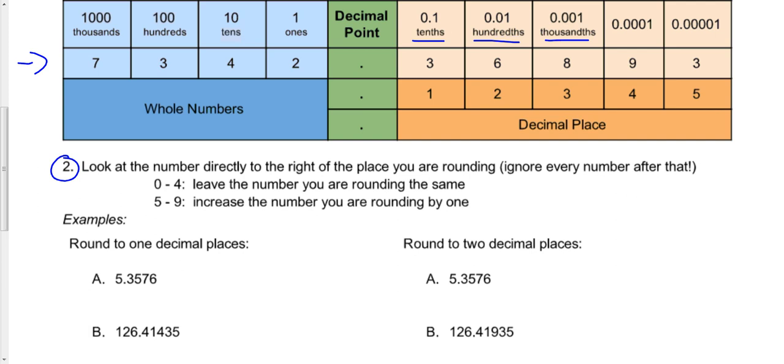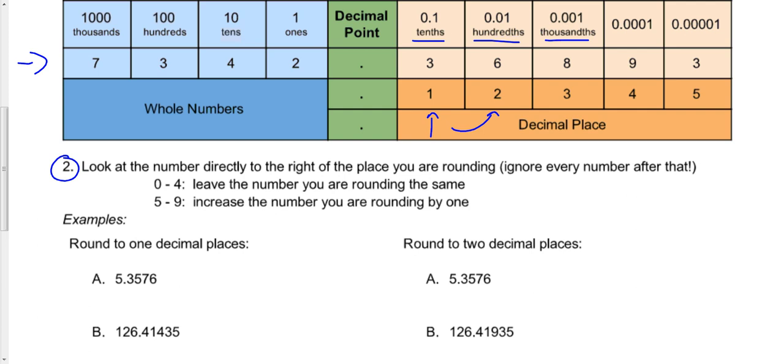So for example, if I was to ask you to round to the nearest tenth, or to 1 decimal place, you want to look at the number to the right of the one that you're rounding to. So I want to round to the nearest tenth. The immediate number to the right is over here, that's that 2, and then I'm just going to ignore every other number that's to the right of that 2. That 2 is going to determine whether or not I round up or down.